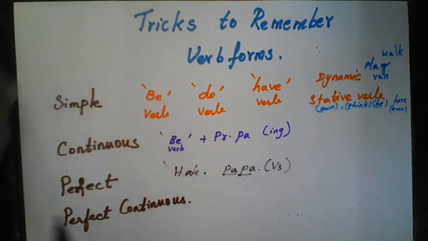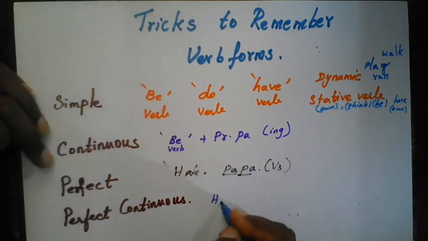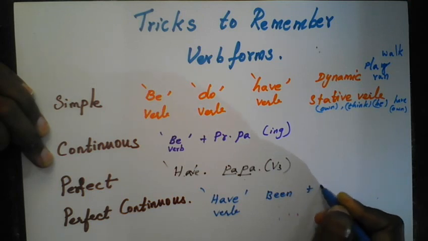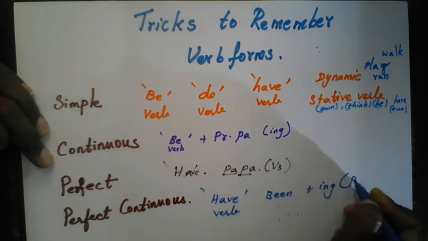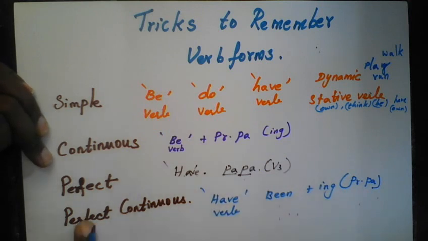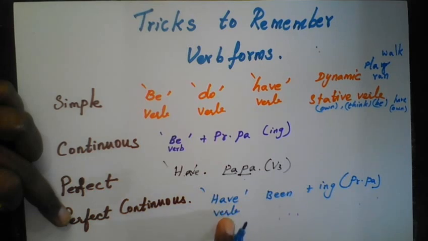And next perfect continuous, I have told you already that it is have verb plus been plus ing, which means the present participle form. Here you can see a thing. Perfect needs happy Papa, right? So here you have the have verb, and here been is the past participle form of be.